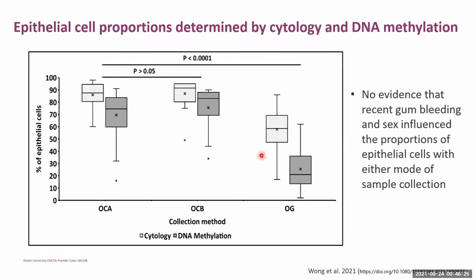For both estimation methods, cytology and DNA methylation, there was no evidence for a difference in epithelial cell proportion between these two OCA and OCB collection methods. There was also no evidence of an influence of recent gum bleeding and sex on epithelial cell proportions across all methods of sampling.